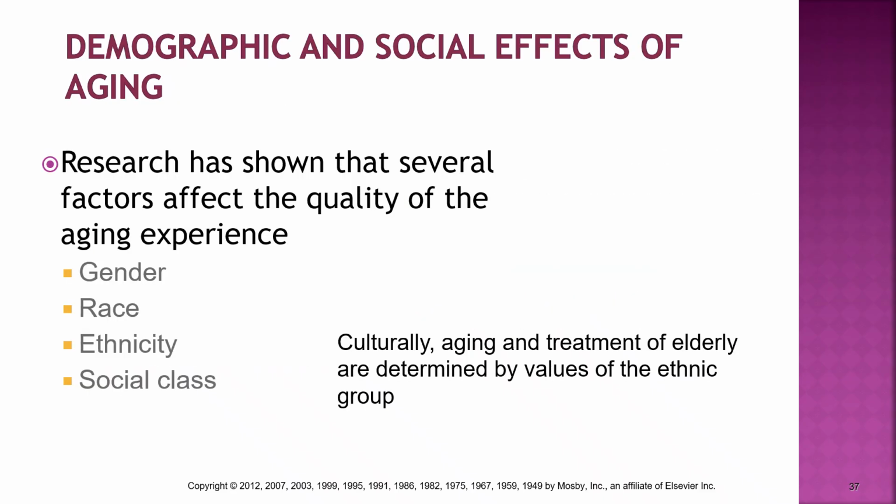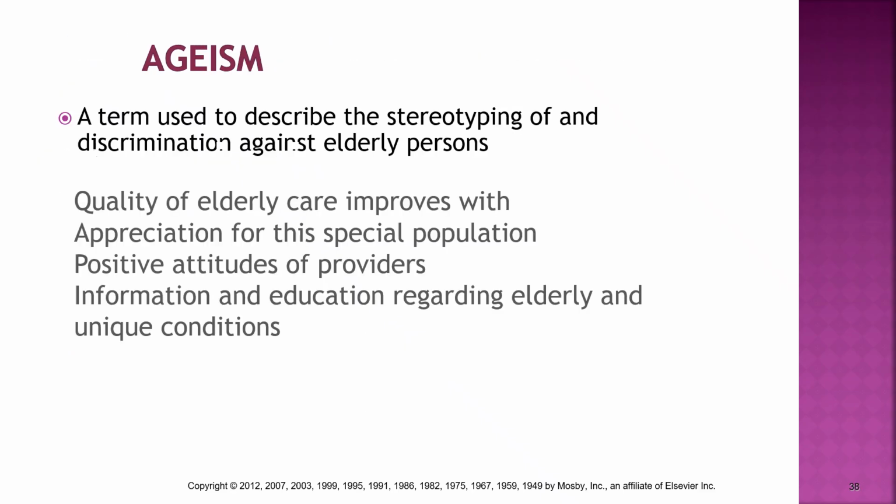Okay. Now, the aging process and the experience of our elderly patients is vastly affected by gender, race, ethnicity, social class, financial well-being. Okay. We said ethnicity, but there's more than just your heritage, the genes that you inherited from your ancestors, but also how does your culture treat the elderly?